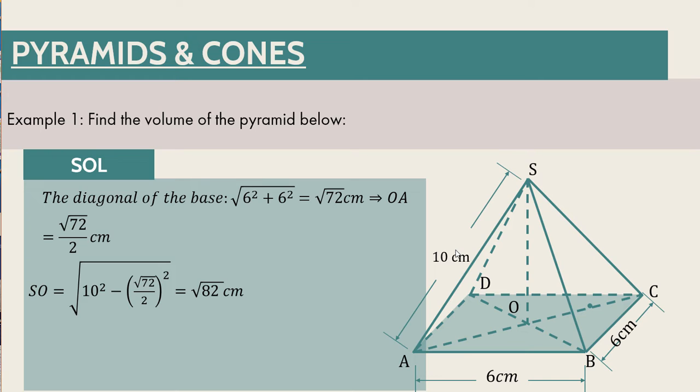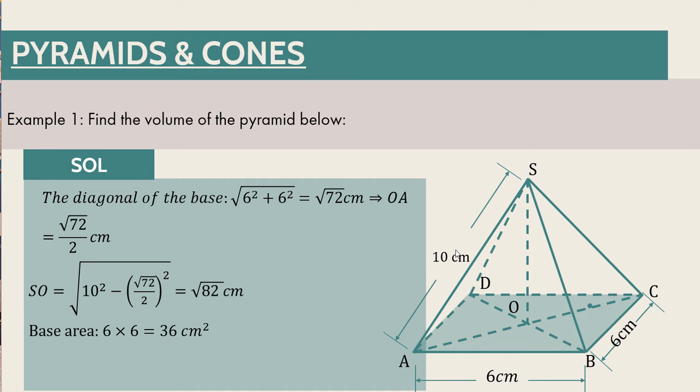Applying the Pythagoras theorem, SO is equal to the square root of 10 squared minus the square root of 72 over 2, all squared, and the answer should be the square root of 82 centimeters. So now we have the height of the pyramid, the square root of 82 centimeters.